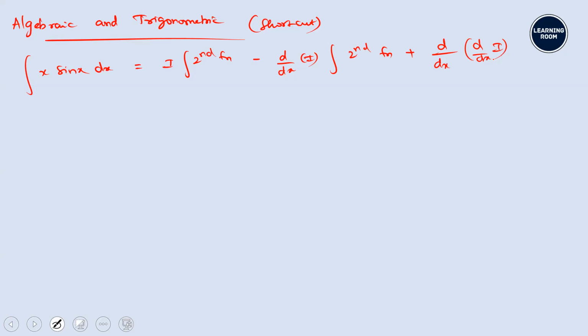So you will keep continuing with this process till the derivative gives you a constant. So what you're doing is alternate differentiation and integration. To whom are you differentiating? The first function. Now we are integrating the second function with alternate signs, again integral of second. So it keeps on going.